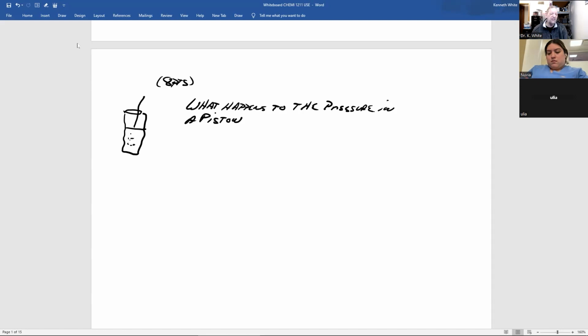And remember, these gas laws were developed for the steam engine and gasoline engine, which had pistons with gas in them.